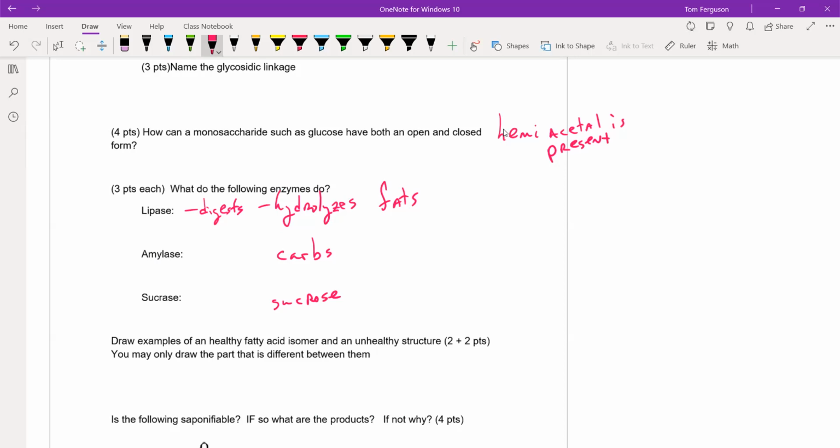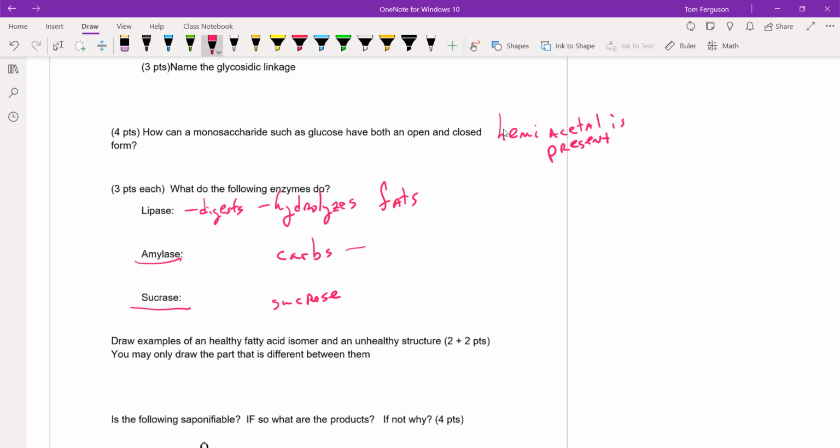So in your saliva is sucrase and amylase. So as soon as a carb hits your saliva in your mouth, it starts to hydrolyze into its individual monosaccharides.